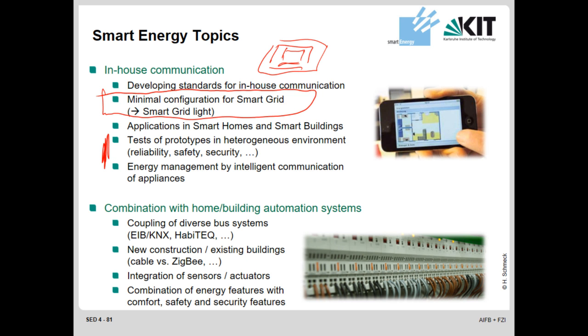What else can I tell you here? We have these different sensors, actuators, as I said, and what one should do is to combine them with safety and security features. So we always also have to look at the security properties of our devices.